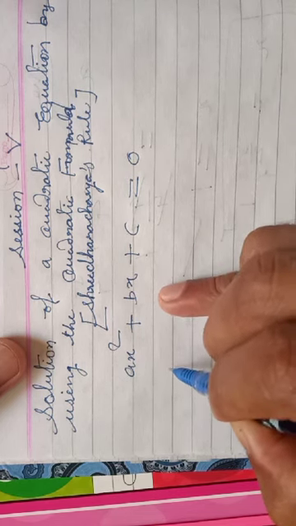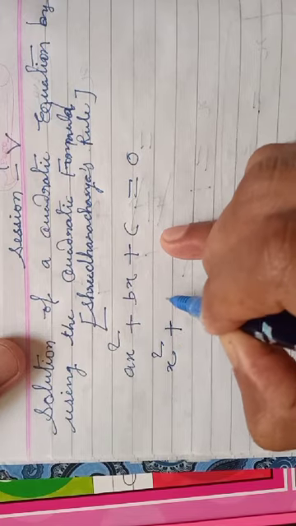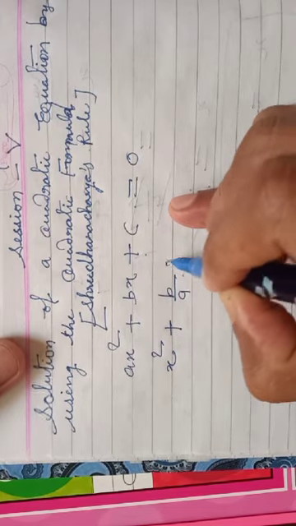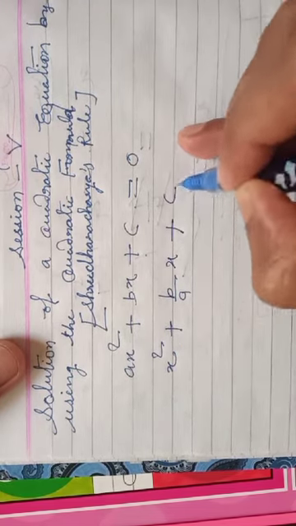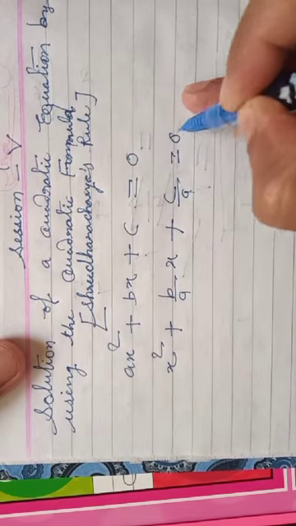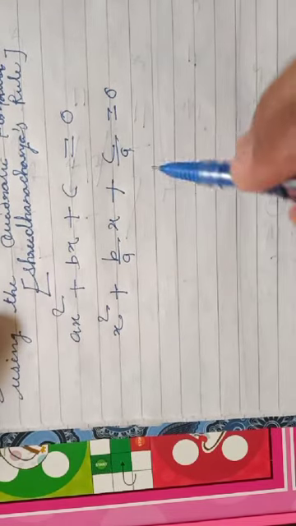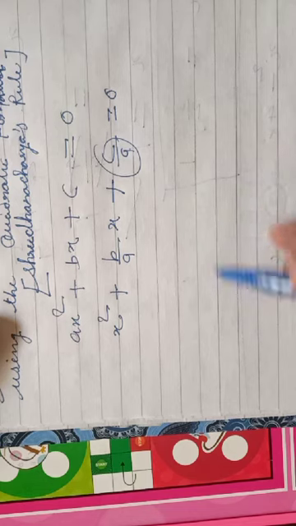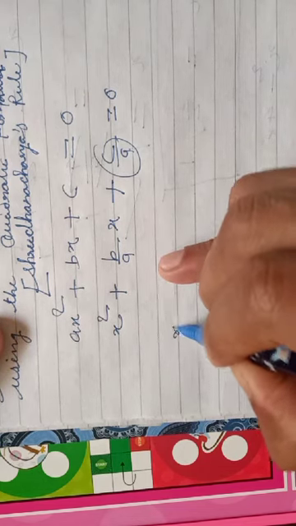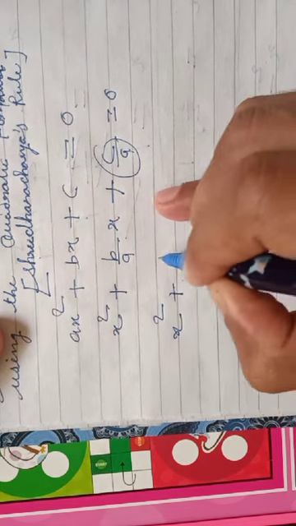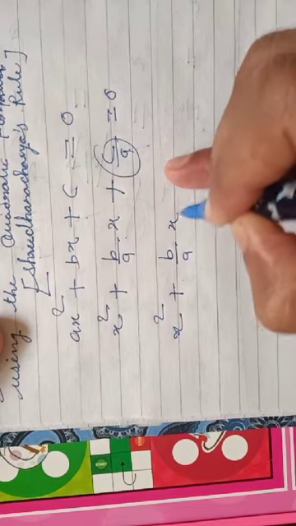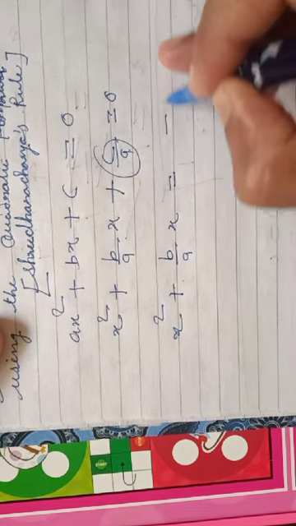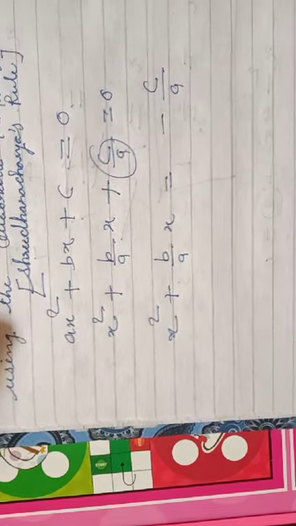So what will be here? x square plus b upon a x plus c upon a is equal to 0. Now we should shift the constant term to the RHS side. x square plus b upon a x is equal to minus c upon a.